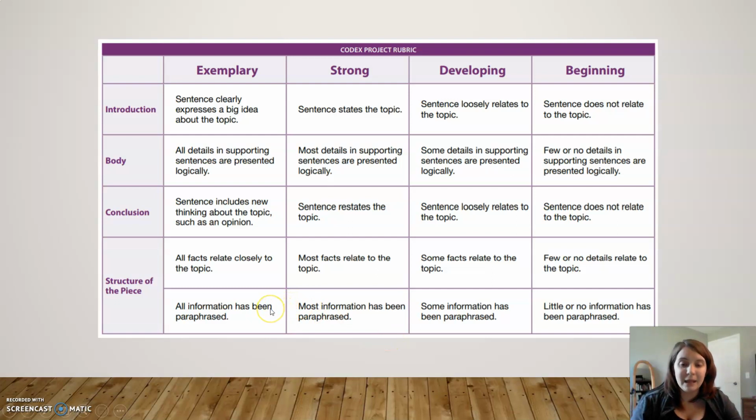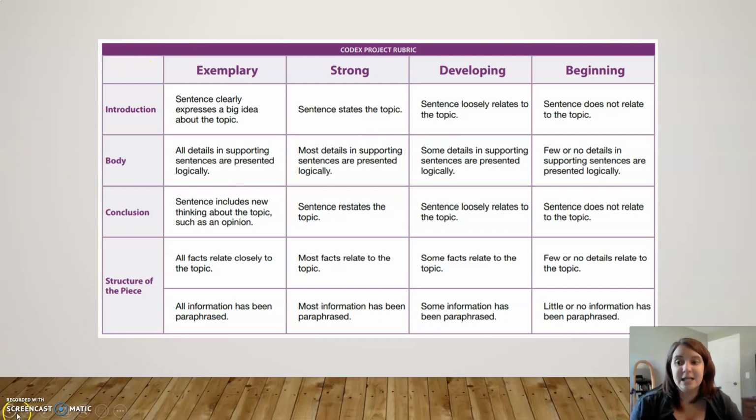If we see copying, then we're going to take that as plagiarism, and that is not okay. So it's really important that all your information is not copied word for word from the text. Again, this is your rubric for grading your codex project. Every time that we talk about the codex project, this will be posted so that you are familiar with it and you can refer to it often.